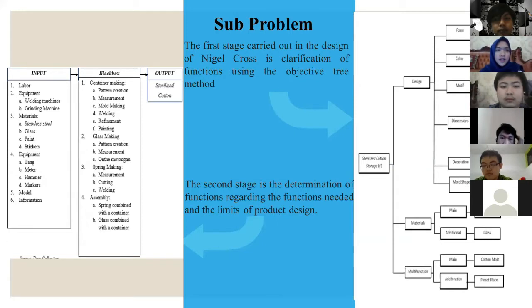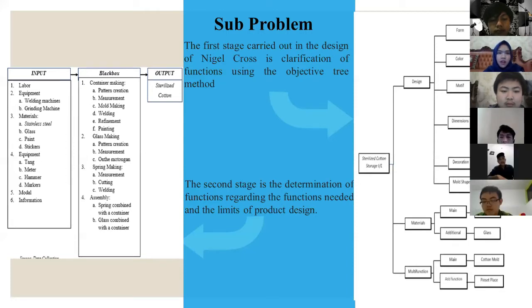Okay, the next step is to identify the sub-problem. The first stage performed in the sub-problem is clarifying objective, which aims to determine the purpose of the design of the sterilized cotton storage product. The method used in the first phase is the Objective 3 method. As we can see on the slide, the Objective 3 of our product shows the form of our product is a tube, the color is black, the pattern is plain, the height is 10 centimeters with 5 centimeters diameter.